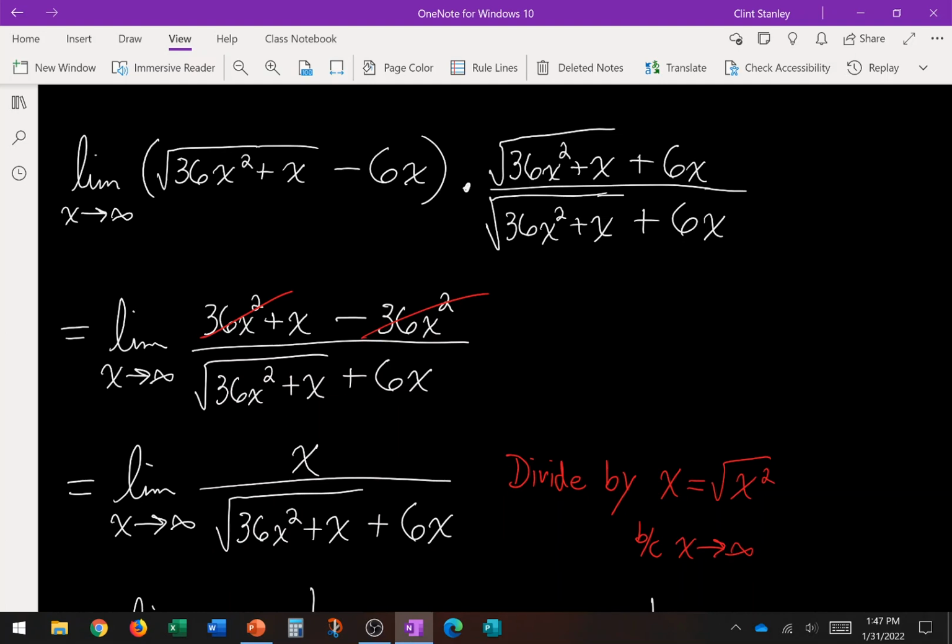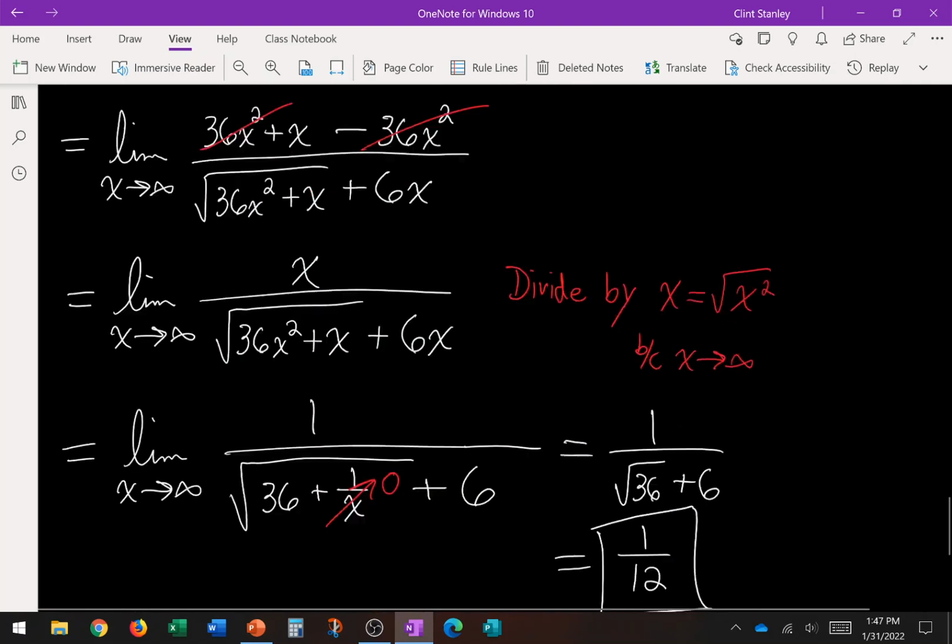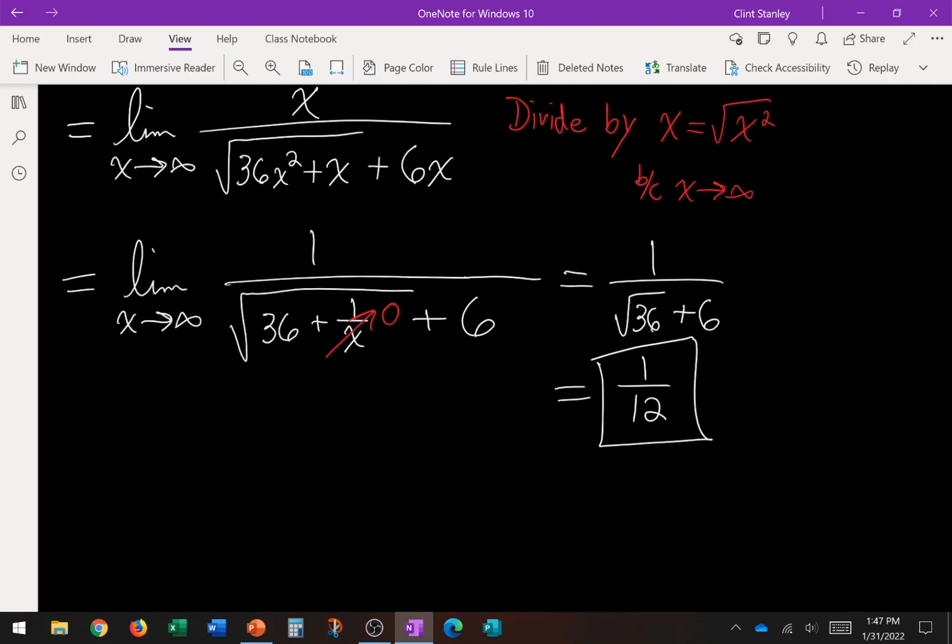So we had to come up with some way of dealing with that, and in that case, we had a square root, so we rationalized. We had some things cancel out, and we could get to our limit that way.